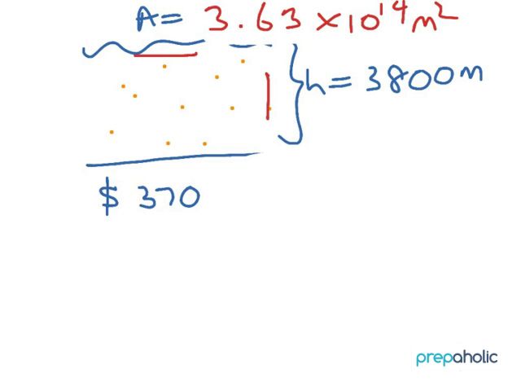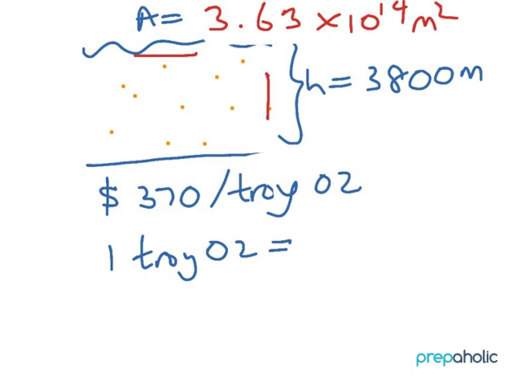And they're also telling us that one troy ounce is equal to 31.1 grams. Okay, so we already know the mass of the total gold that we have. So let's just convert that into troy ounces.